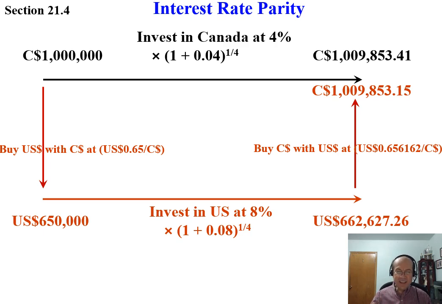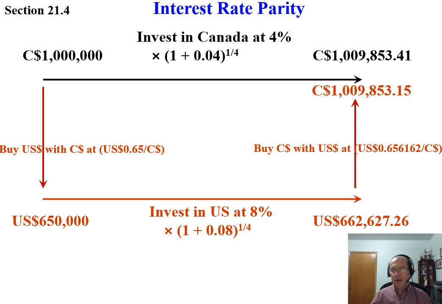So all this gain that we earn by investing in the United States at a higher rate was canceled out by the fact that the US dollar is sold at a discount in the forward rate. So all our gain in interest was canceled out by the fact that the US dollar was sold at a discount.